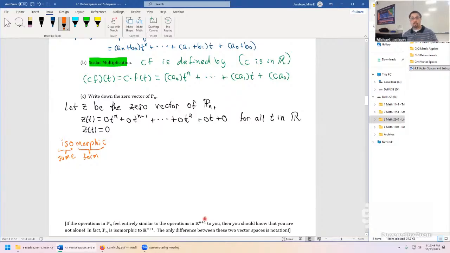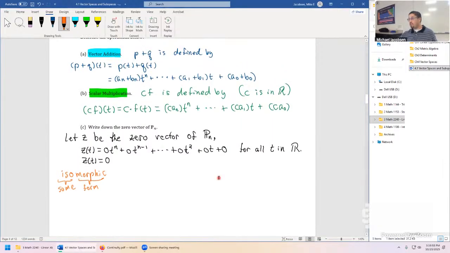The only difference whatsoever is just the notation that you use to write down a typical vector in Pn versus R^(n+1).